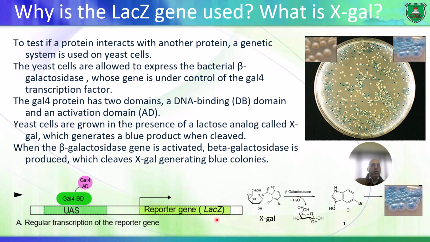Okay, so we use a regulatory element from yeast, and we put it in a DNA upstream of a reporter gene, and the reporter gene is the bacterial beta-galactosidase gene that cleaves lactose. Now, okay, got it so far?